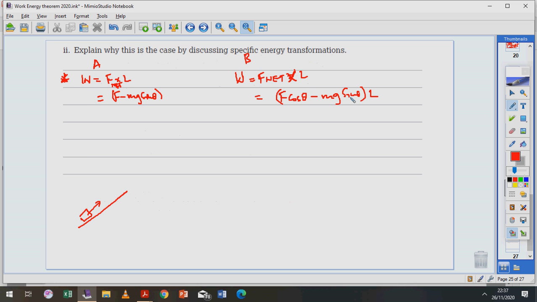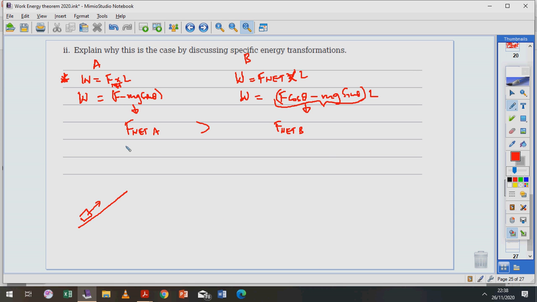Still, I can see that F net in case A is bigger than F net in case B. This whole bracket is going to be smaller. This is F net in case B, and it is going to be smaller than F net in case A.